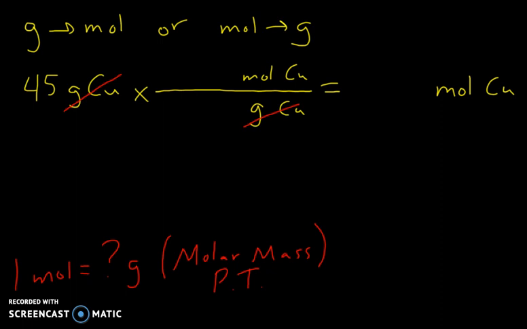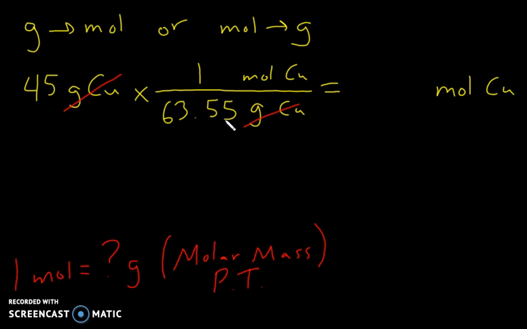Now using our conversion factor, we know that 1 mole is equal to some number of grams. When you get the molar mass of copper, you should see that it is 63.55 grams in 1 mole of copper. So now we've got our conversion factor set up. Now we multiply across the top, which, multiplying by 1, doesn't do anything.